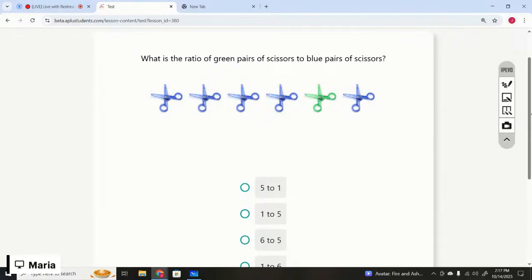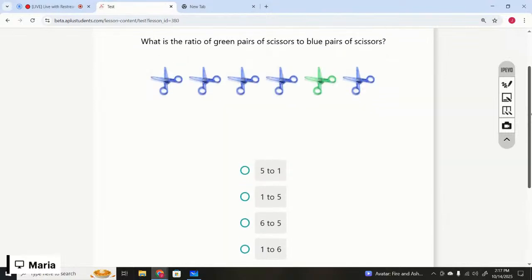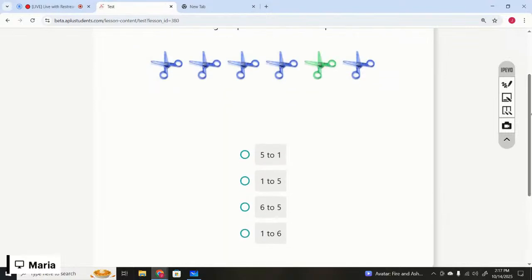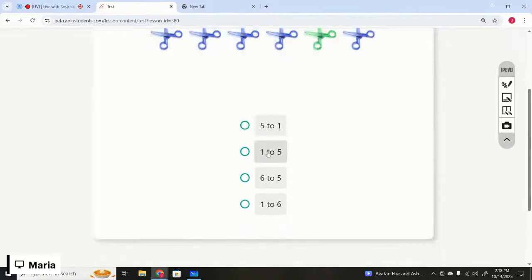What is the ratio of pairs of scissors to blue pairs of scissors? That is 1 to 5. Option number 2 is the correct option.